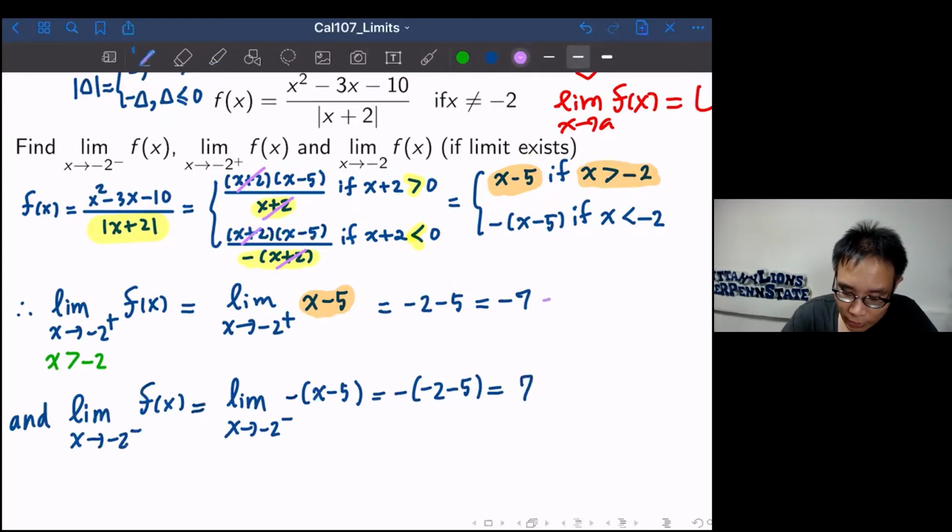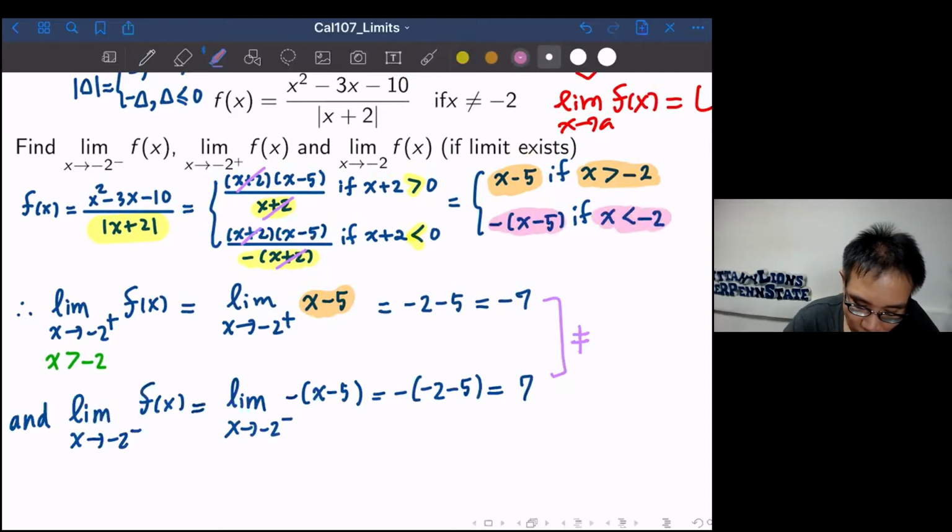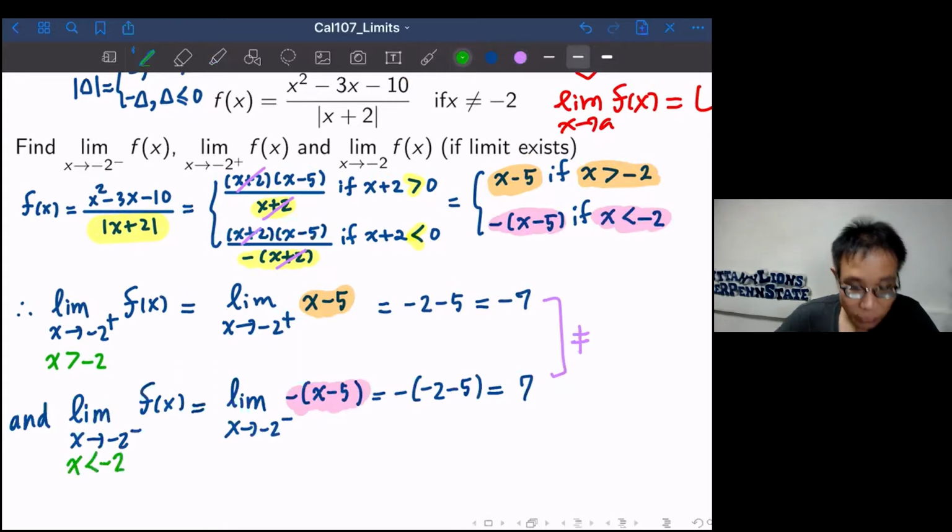You see that these two numbers are not the same. The limit from the left is not equal to the limit from the right. The pink one indicates the left limit, and here you are in the case that x is less than negative 2.